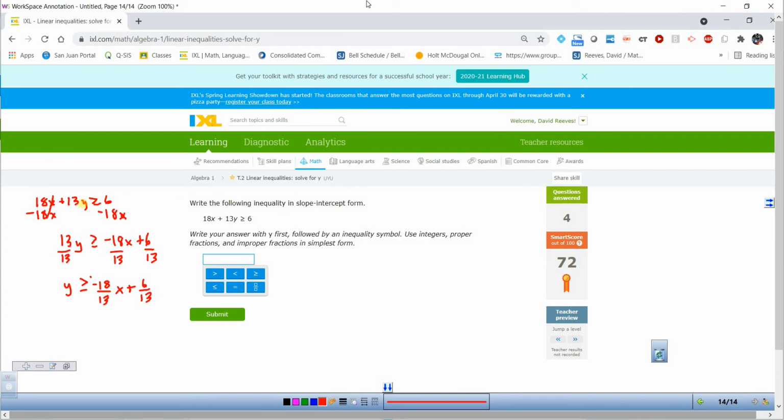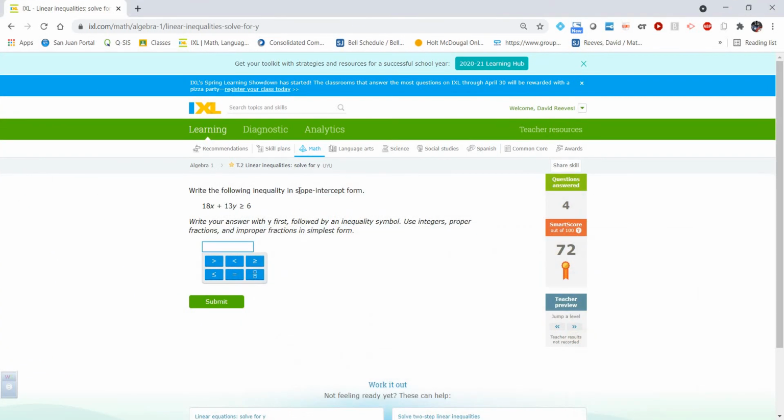So what is that going to look like when we put it in? Y is greater than negative 18 over 13x, and then plus 6 over 13.